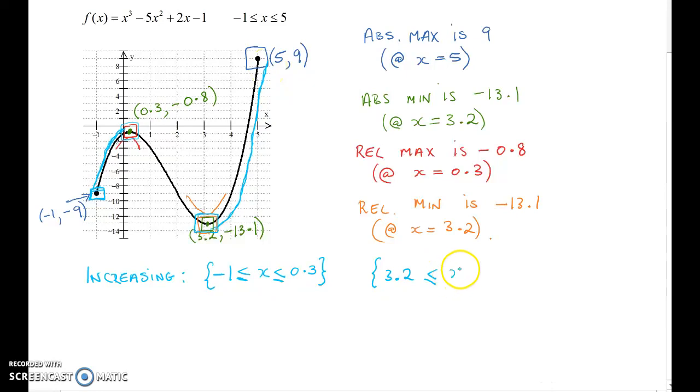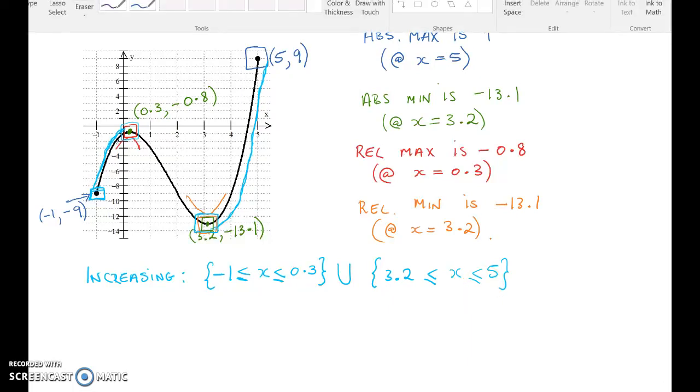So 3.2 is less than or equal to x is less than or equal to 5. Okay. Now, those are two separate regions on which the graph is increasing. And we indicate that by joining them with a capital U, union, from set theory. Okay? So, this graph increases if x is between negative 1 and 0.3, and it's increasing again if x is between 3.2 and 5.